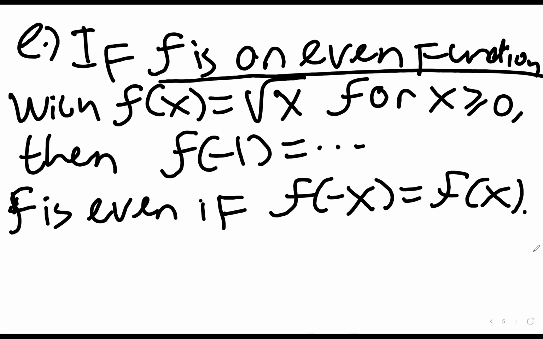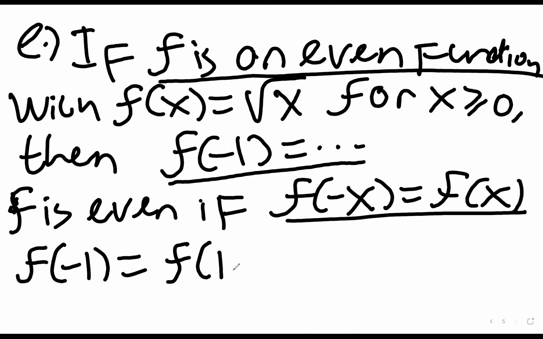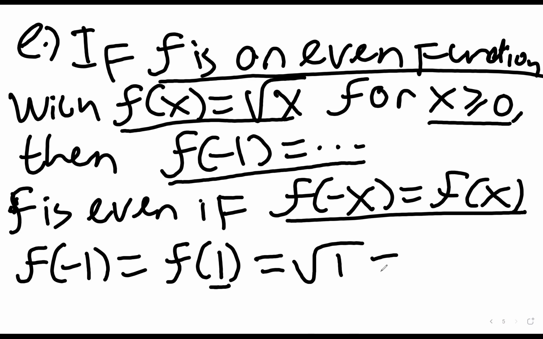In this case, if I want to find f of minus 1, then by using the definition of the even function it equals to f of 1. Simply because 1 is greater than 0, we will use this definition. So I will have square root of 1, and that will be 1.